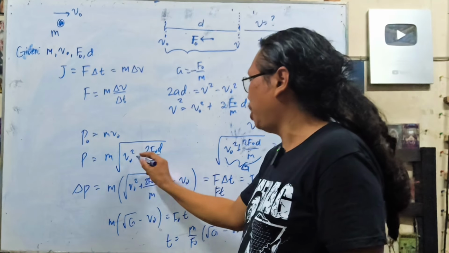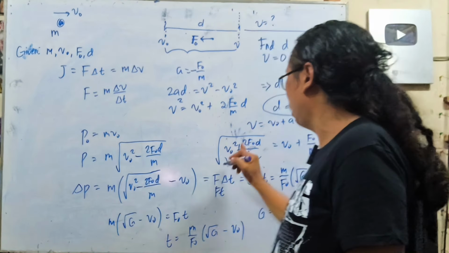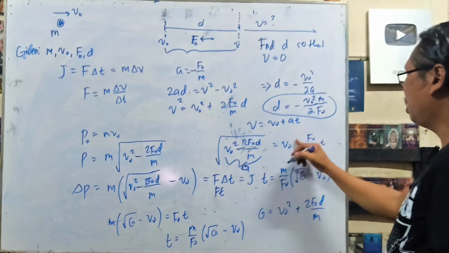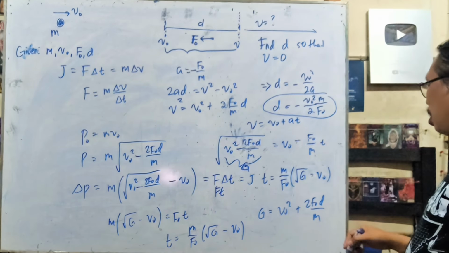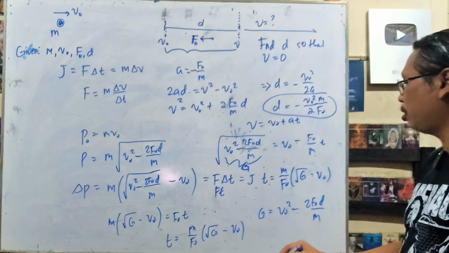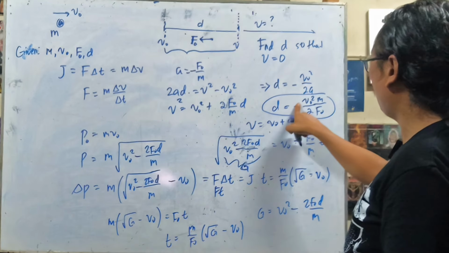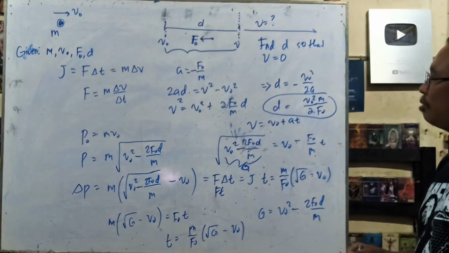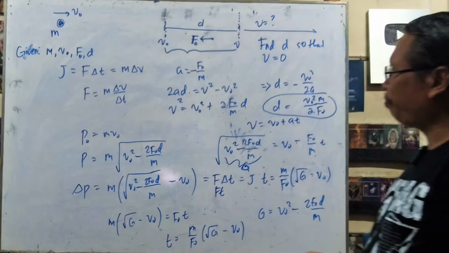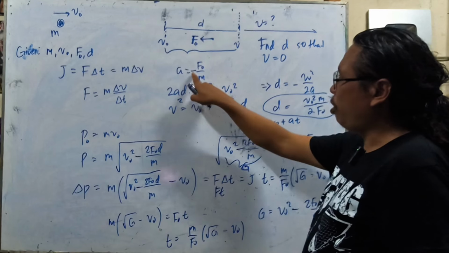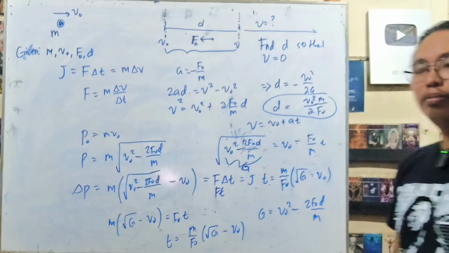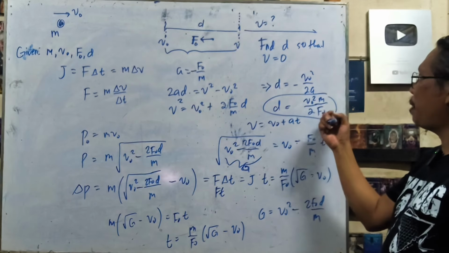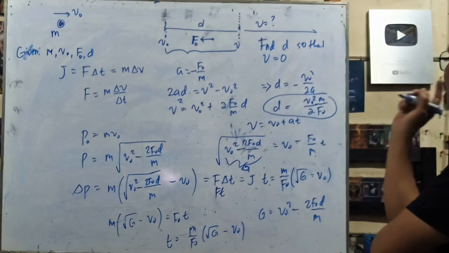So it becomes minus here, minus here, and minus here, and this now becomes a positive distance because you have minus minus. So if I emphasize the negative, this is positive right here. So this is the distance.